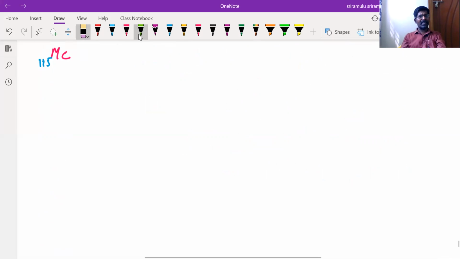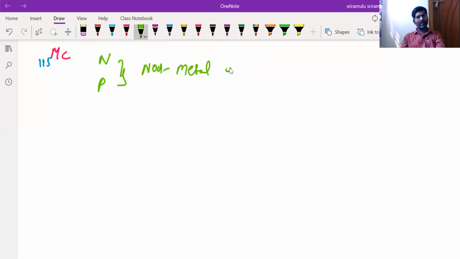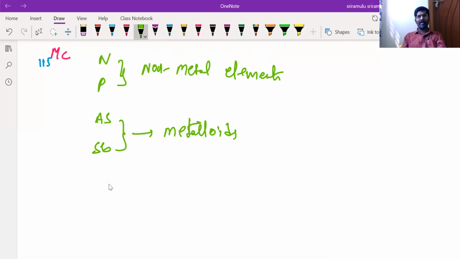The first and second elements, nitrogen and phosphorus, are simply non-metal elements. Then arsenic and stibium are called metalloids, okay students.